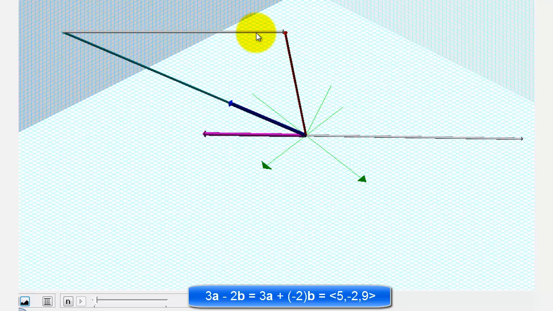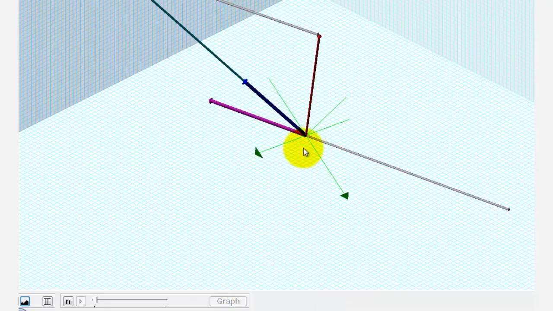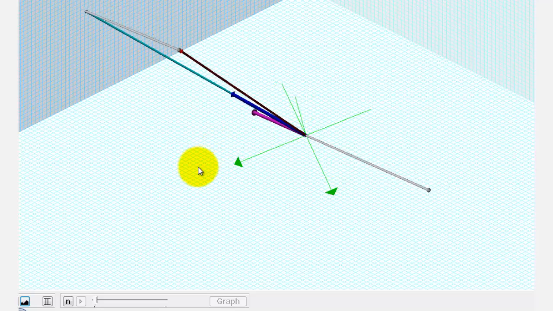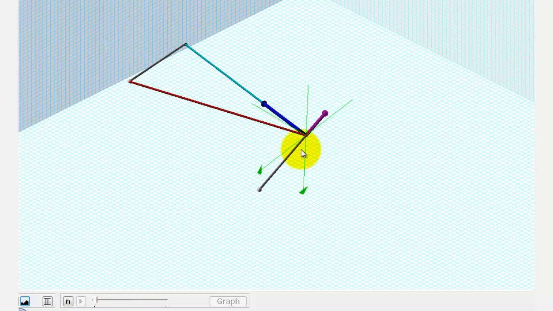So here is negative 2 times vector b with the initial point at the terminal point of 3 times vector a, and notice how the vector with the initial point at the origin, or the initial point of 3 times vector a, and the terminal point at the terminal point of negative 2 times vector b is our resultant vector graphed here in red. So while it is a little bit more challenging to show this in 3D, it can be shown similar to how we found the sum and difference of vectors in 2D. I hope you found this illustration helpful.